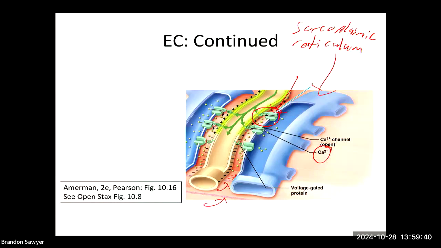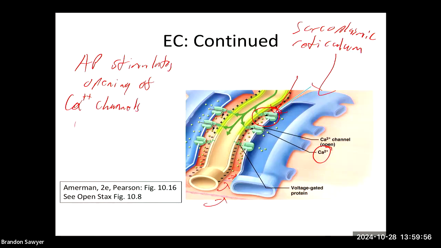So action potential stimulates opening of calcium channels in the SR, or that sarcoplasmic reticulum. Okay, so calcium flows out of the sarcoplasmic reticulum. Okay, got that? Questions on any of that?